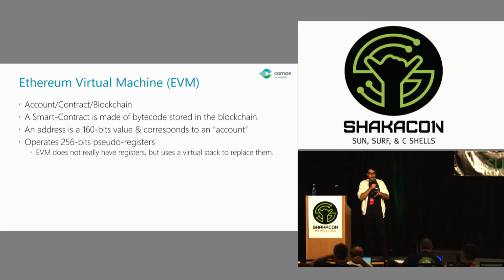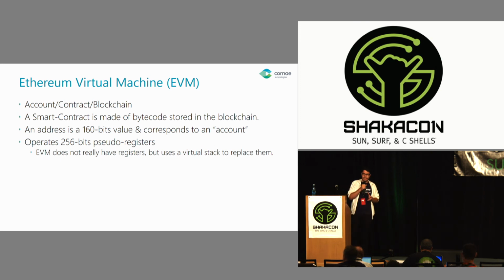Each blockchain will basically be like an account. So blockchain account and contract are basically interchangeable words. A smart contract is made of bytecode, which is what we're going to look at during this presentation. One of the specificities is that it operates on 256-bit registers.